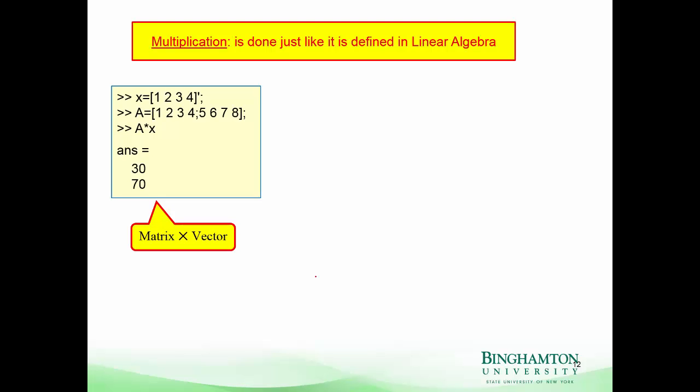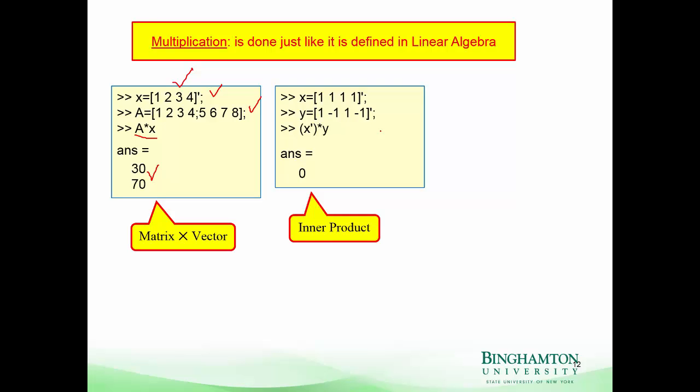And you can check that this is doing exactly the same thing. So here I've defined a column vector and a 2 by 4 matrix. So a 2 by 4 matrix times a 4 by 1 vector. And when I do A times X, you can verify that that is working exactly like we expect matrix times a column vector to work.